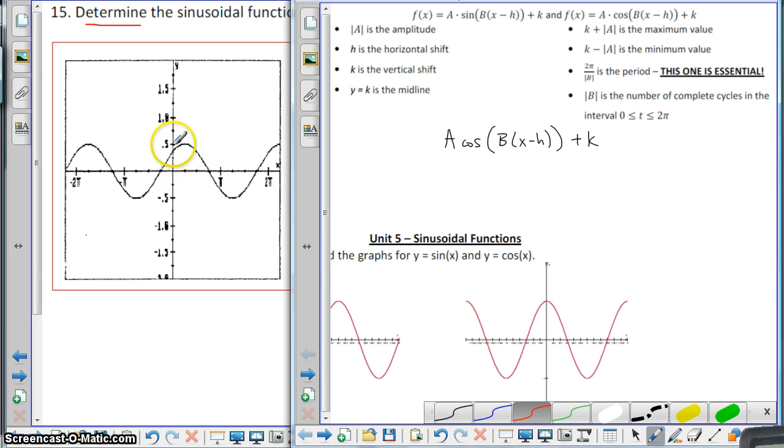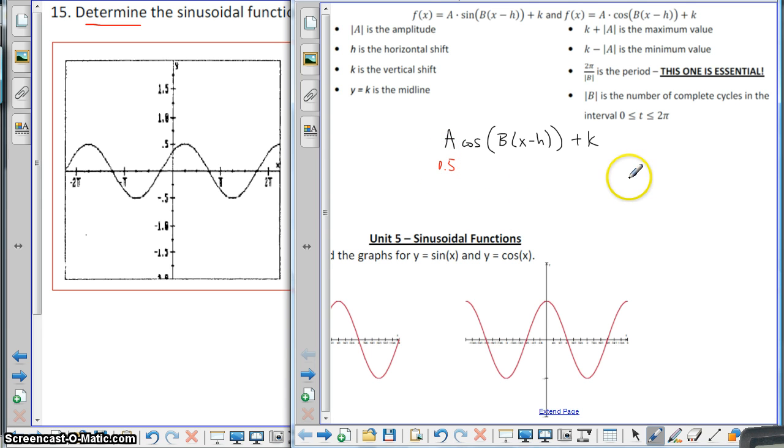Right here you can see it's 0.5, so I know that A is going to be 0.5. Then the midline is also pretty easy. The midline is right there in the center. It has not been shifted up or down, so that's just going to be plus 0.